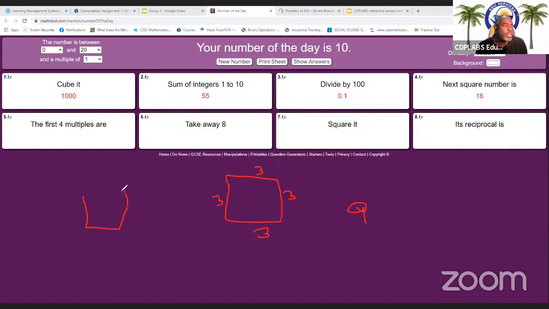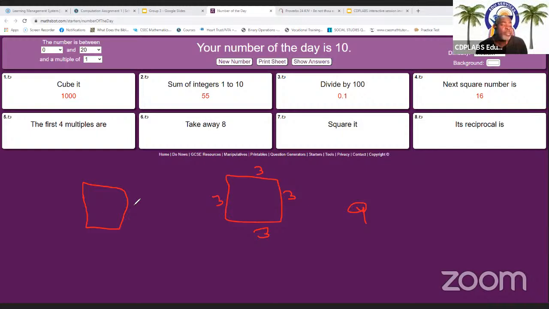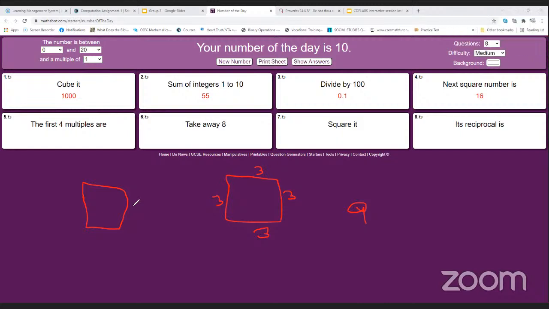What's the smallest square number? Anybody have an idea? Is it 4? No. Try again. What number times what number gives you 2?